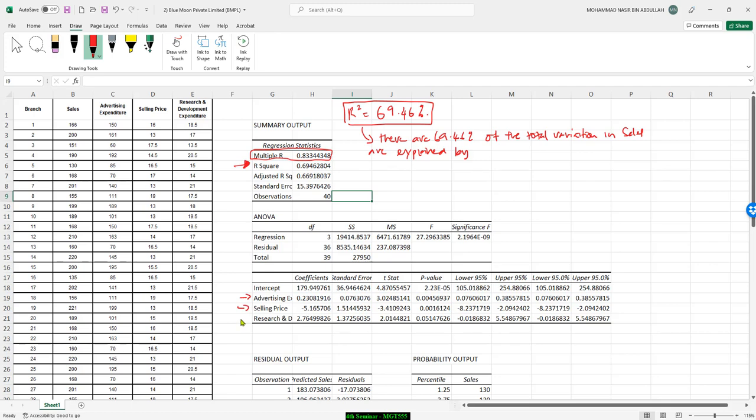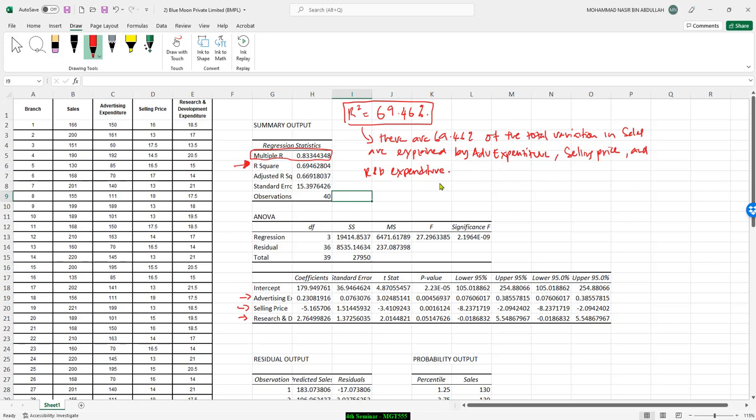Advertising expenditure, selling price and research and development. By advertising expenditure, selling price and R&D expenditure, right?